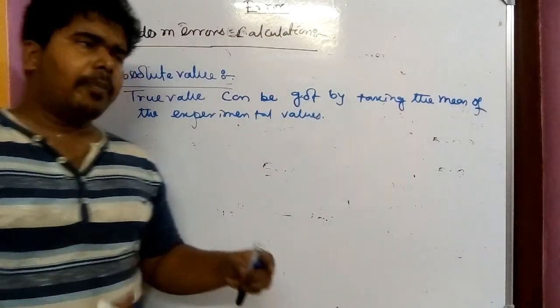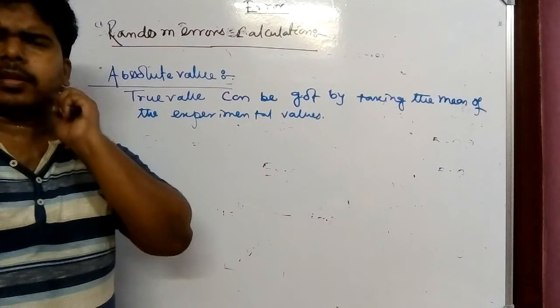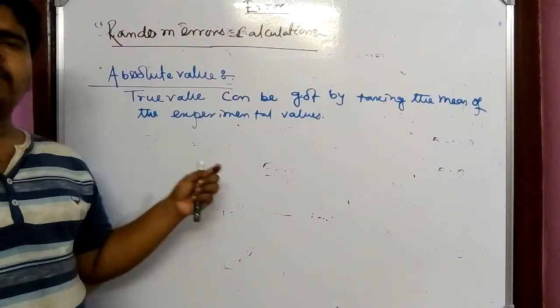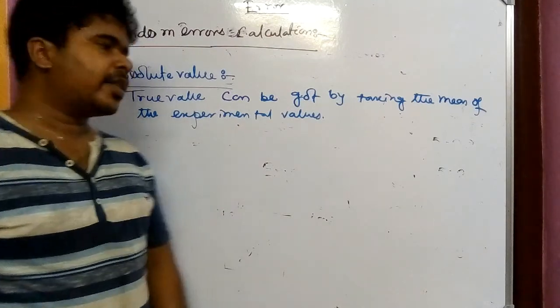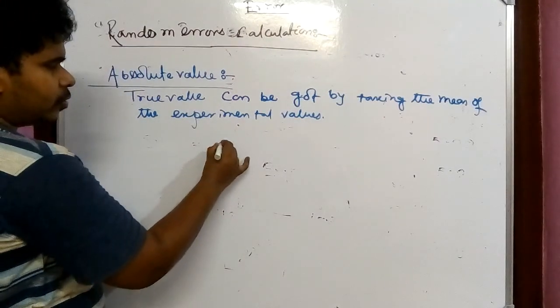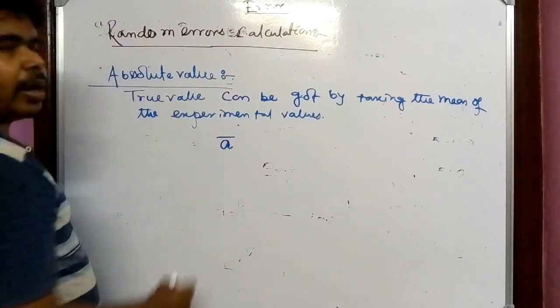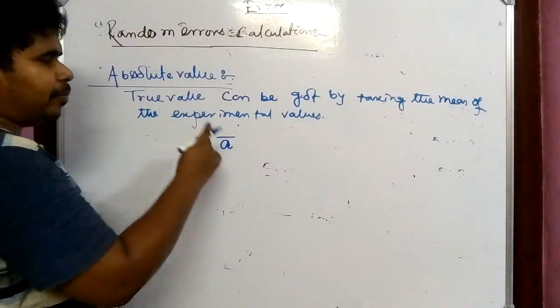Assume you have measured the same length n number of times. So you will get n number of values. To get the absolute value, we take the average. This bar just signifies the mean.